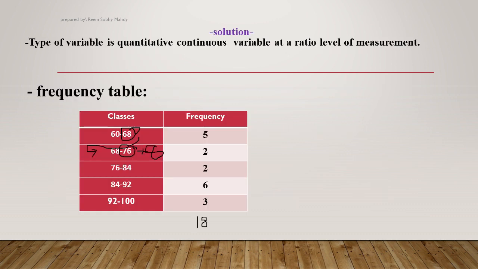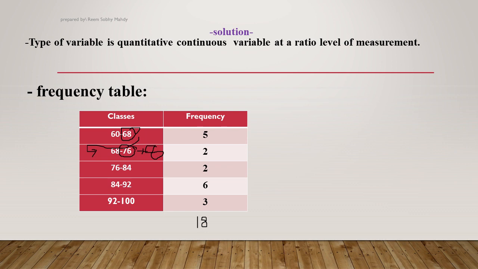This is our frequency table, and the classes will be from 60 to 68, from 68 to 76, and the difference between the upper limit of the class and the lower limit of the class is 8. So in order to complete these classes, we have to add 8 to the upper limit of the previous class, and the upper limit of the previous class is 76, plus 8 gives 84.